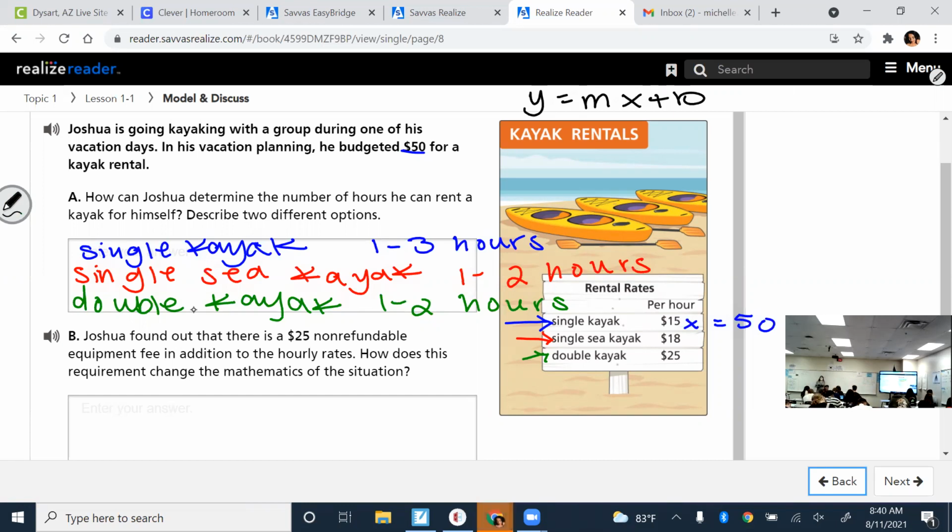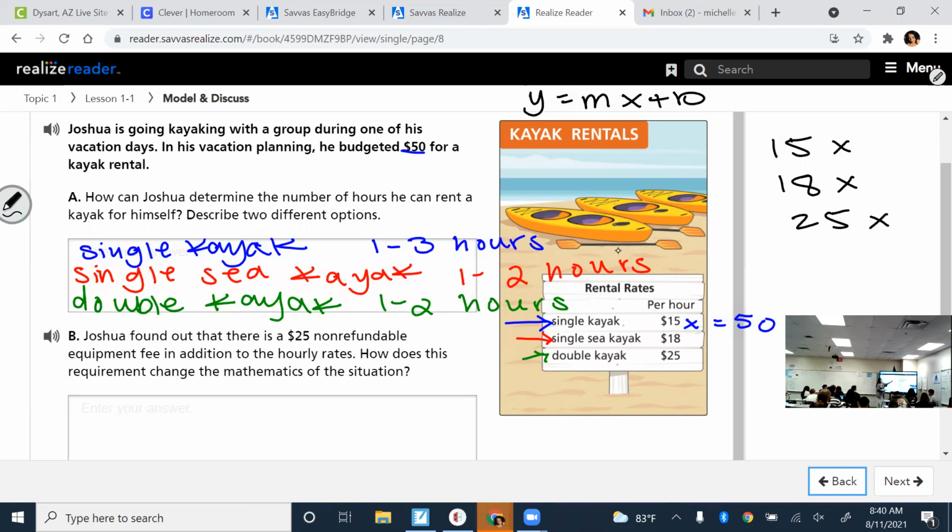All right, that's what a linear equation is. So these rates that we have here, if we wrote them down as 15x, 18x, or 25x, those are all linear because they're going up or down at a constant rate, and because it's being multiplied by an unknown.